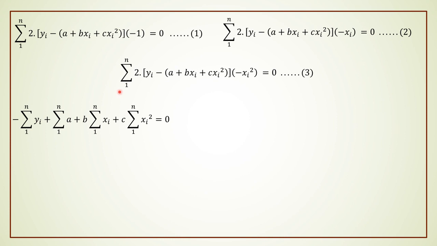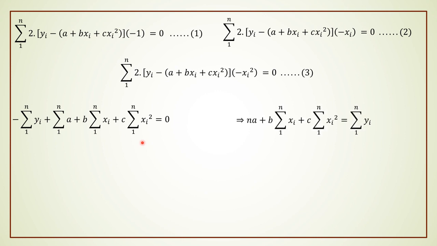So let me just simplify equation number 1 by multiplying by −1 throughout and rearranging the terms, so that the equation reduces to the form −summation yi + summation of a + b into summation of xi + c into summation of xi².